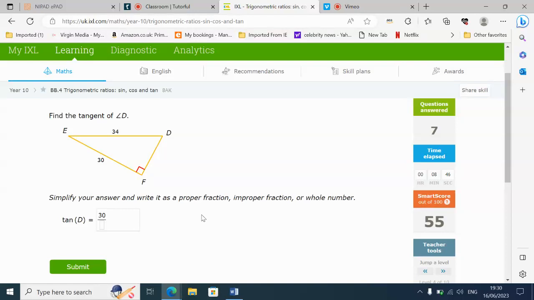So take them away: 1156 take away 900 is 256.